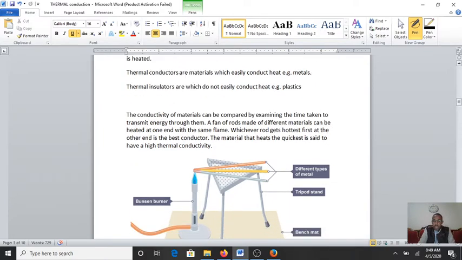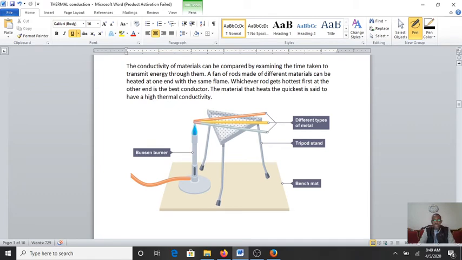Now, to compare the thermal conductivity of different materials, a setup like this could help. There are different setups. If you check your textbook, you will find different setups. But this will suffice. As you can see, we have a tripod stand, and 3 different materials are placed on it, creating a junction here which is heated by a Bunsen burner.